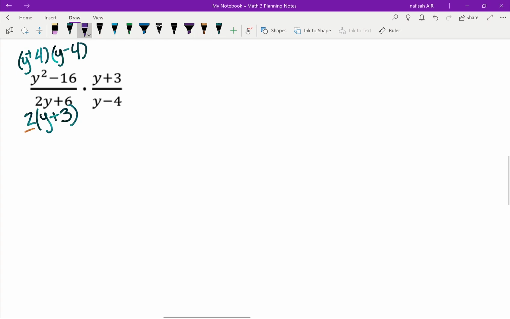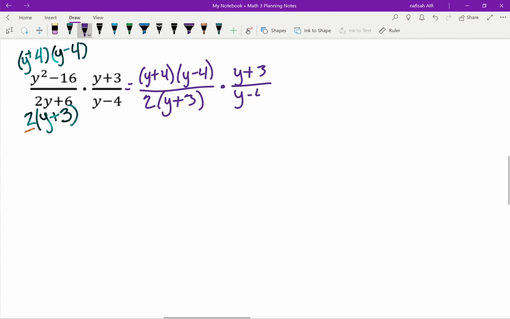All right, so I'm ready to go ahead and write what the fractions turn into. They turn into y plus 4, y minus 4 divided by 2, y plus 3. I'm going to multiply that by y plus 3 and y minus 4.